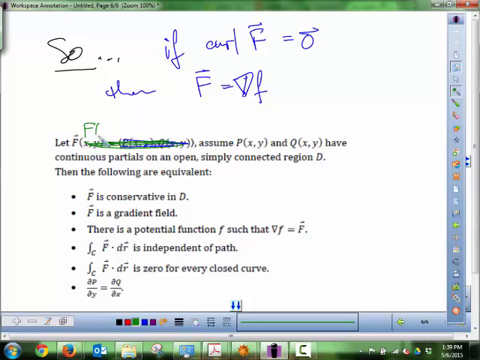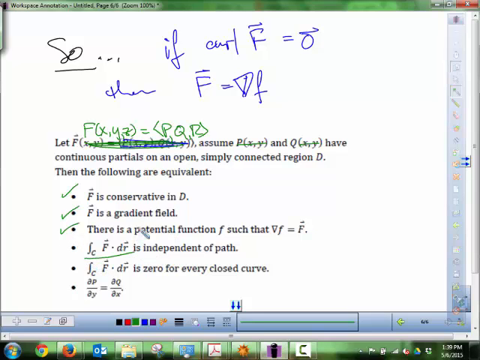So our F of x, y, z has components P, Q, and R. So F is conservative, F is a gradient field, there exists a potential function.